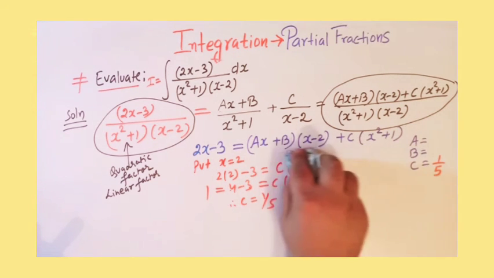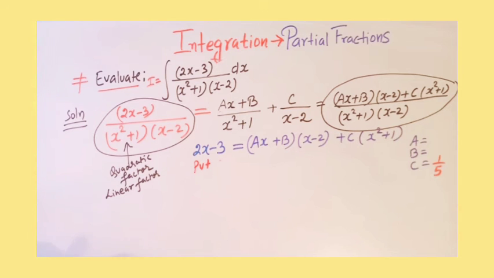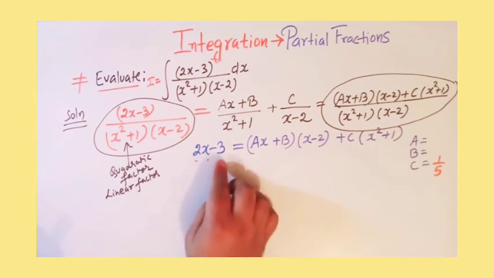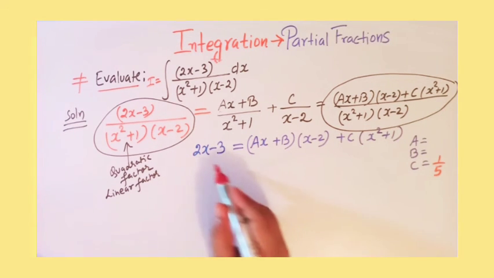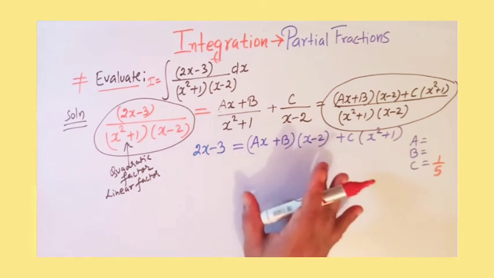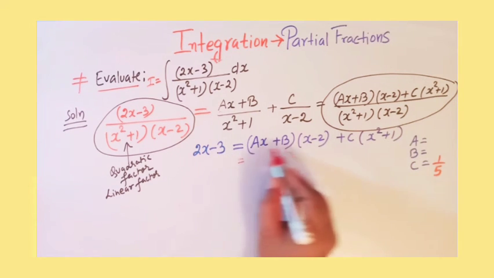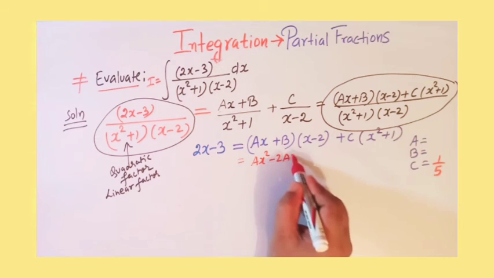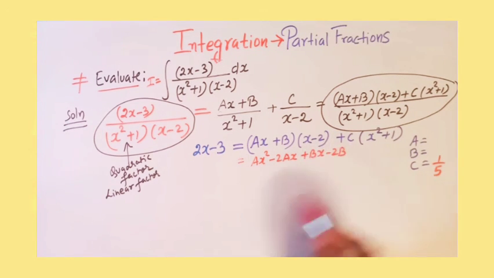Now we will find the value of A and B. Now for A and B, we can compare the coefficients on both the sides. So if we multiply these two expressions, we get ax square minus 2ax plus bx minus 2b, right?